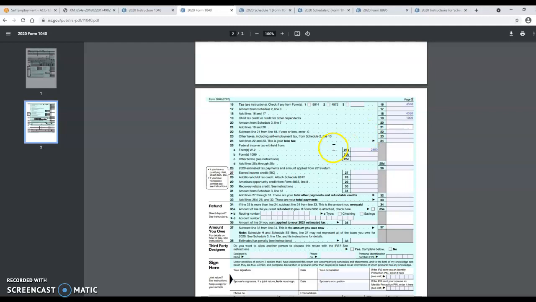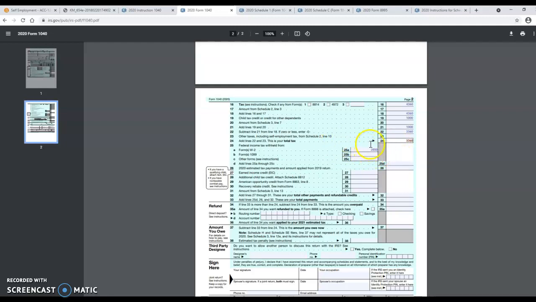That's other non-refundable credits. So line 21, add line 19 and 20. That's $1,000. Line 22, subtract line 21 from 18. So $1,000 subtracted from 4360 is 3360. Other taxes, we don't have any of those. So our total tax on line 24 is 3360.